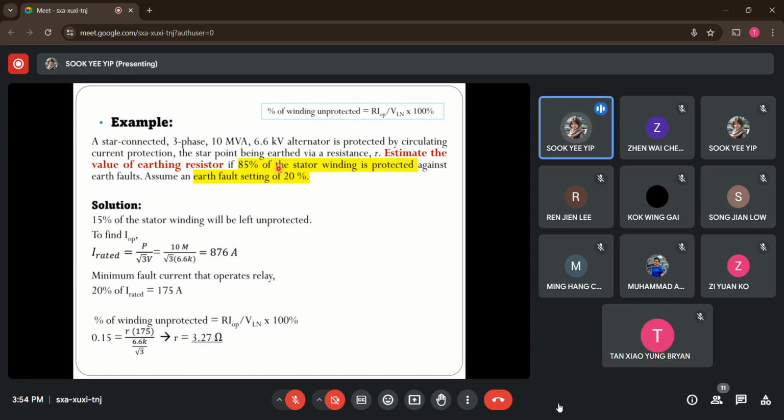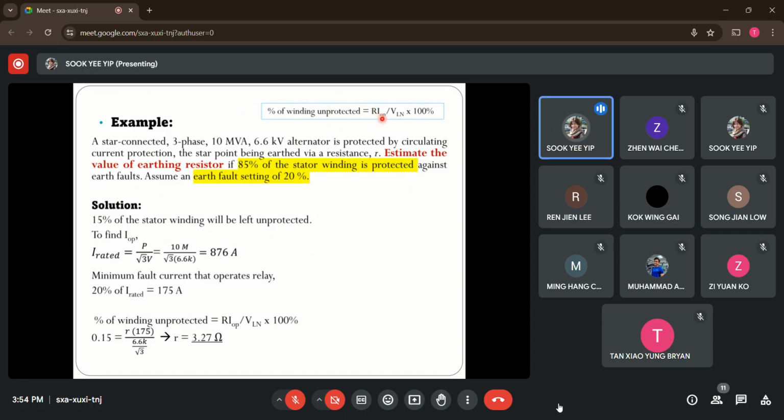But the question here gives the percentage of the winding being protected, right? So in order to find the winding that is not being protected against the earth fault, we will have 100% minus 85% here. So the percentage that is not being protected is 15%. So that's how we get this solution here. So here I have the value.